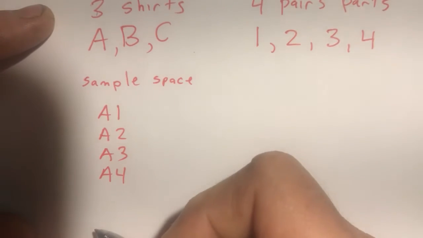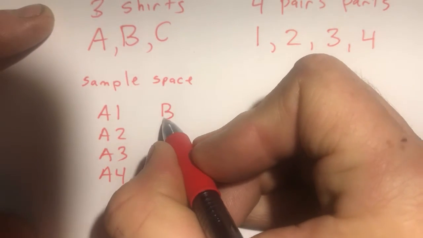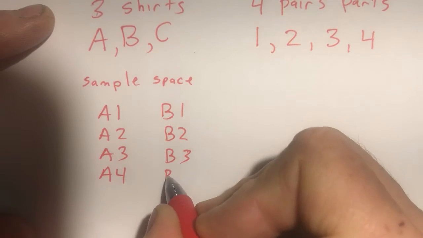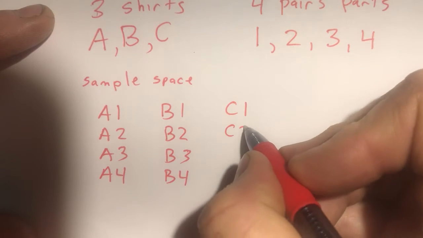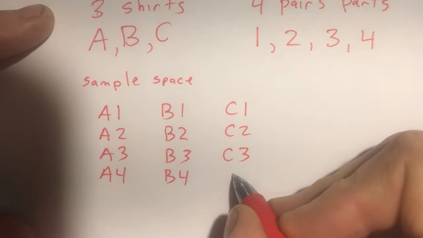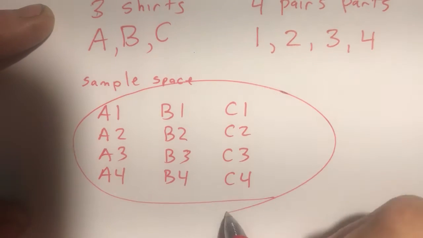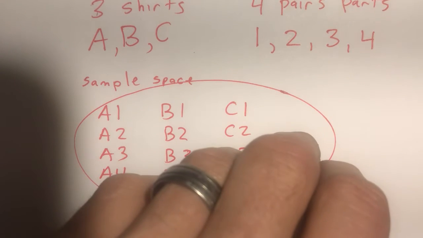There are 4 different outfits he could wear with shirt A. And then he could have B with 1, 2, 3, and 4, and C with 1, 2, 3, and 4. You can see there's 12 possibilities of outfits he could wear. This is the fundamental counting principle.